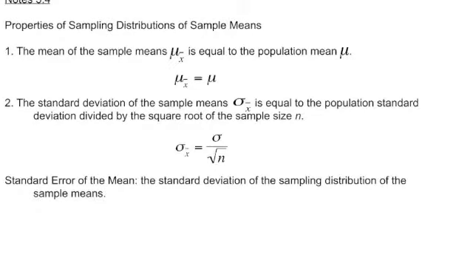Here are properties of the sampling distribution of sample means. Again, you can pause the video to copy these down. Two key facts here. First, the mean of the sample means, which we write as mu with a little x bar, our symbol for sample mean, is equal to the population mean.